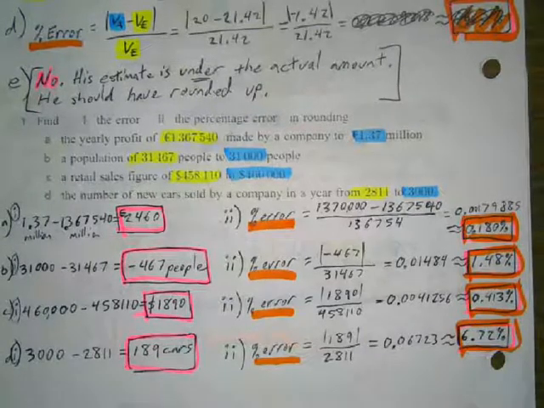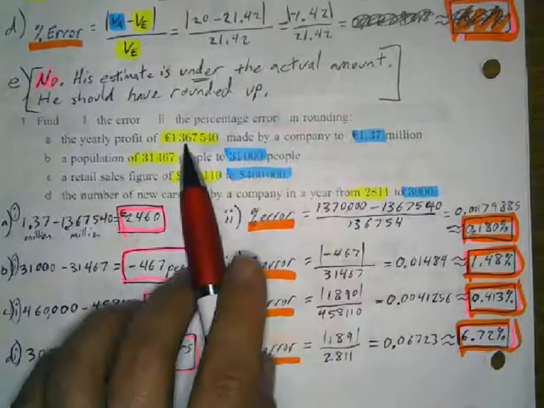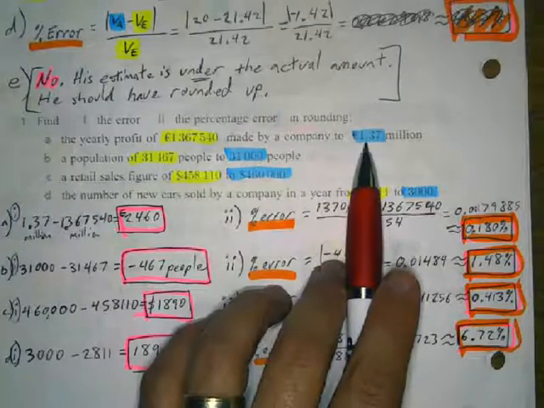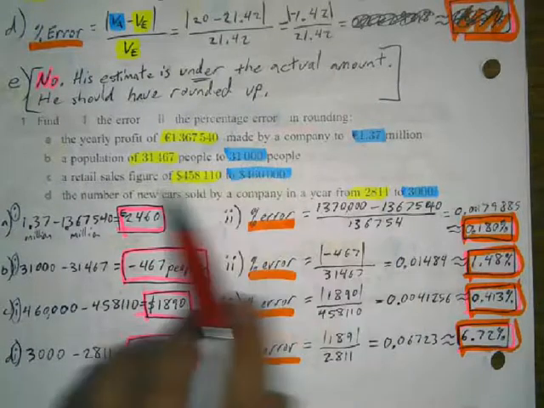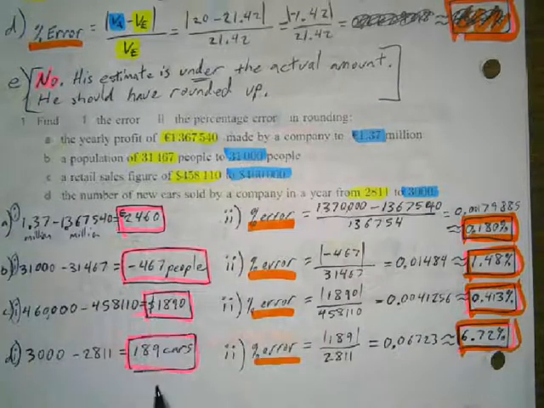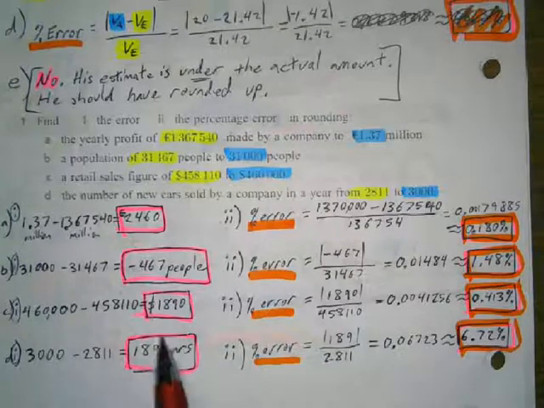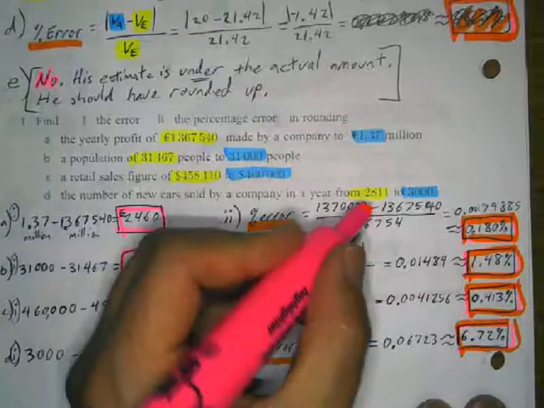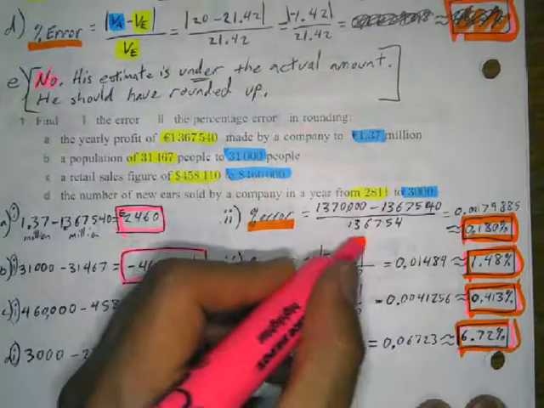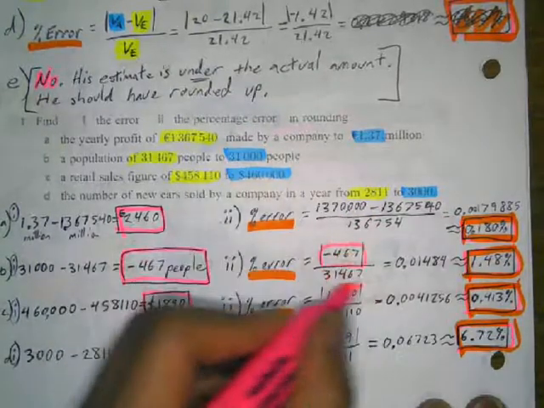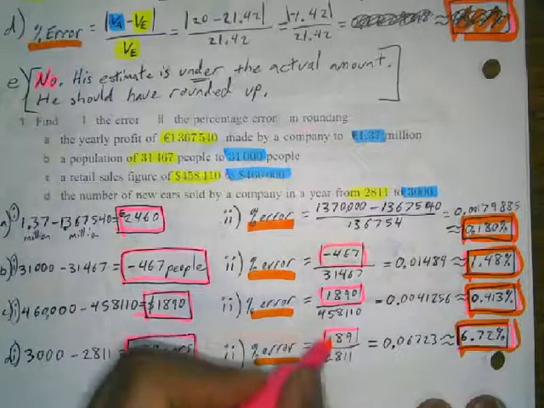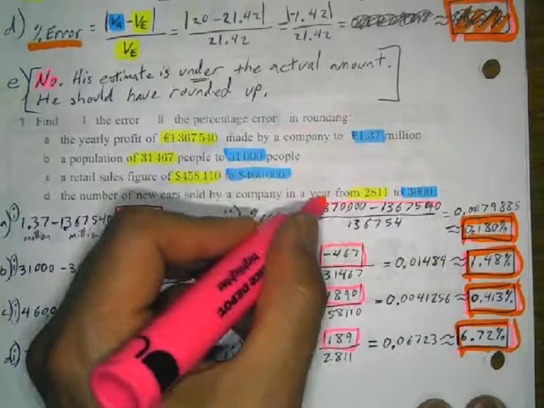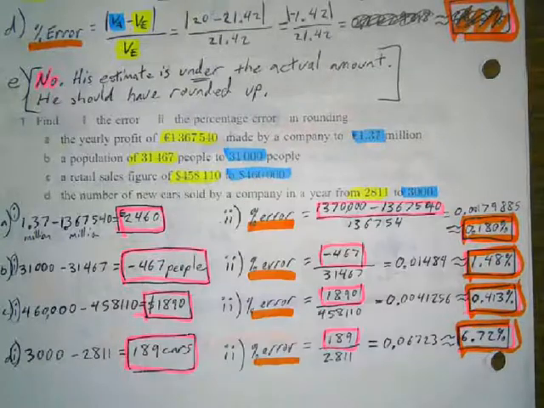Let's look at these next examples. In each of these examples, they gave you the actual value and the estimate, and we did our subtraction to get our error, and then we took these error values and divided by our exact value.